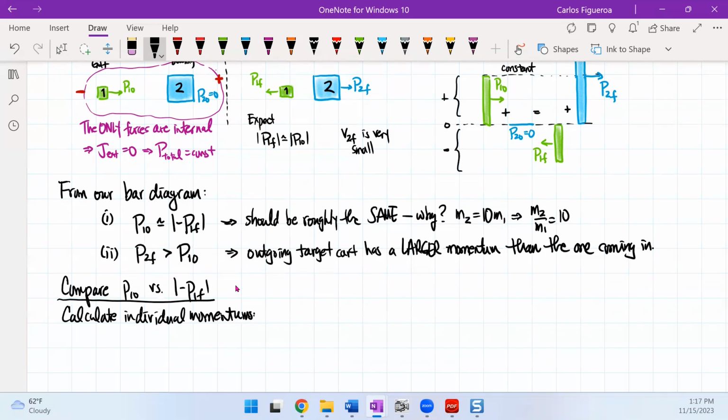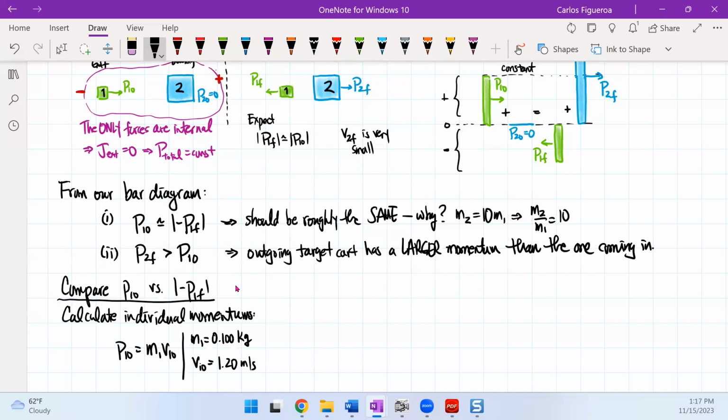So the first one here is P1 initial, which is going to be the massive one, M1 times V1 initial. So what do I know? I know that the massive one is 100 grams, so it's 0.1 kilograms, and its initial speed going to the right here is 1.20 meters per second.